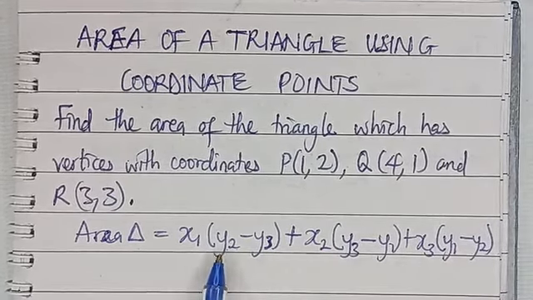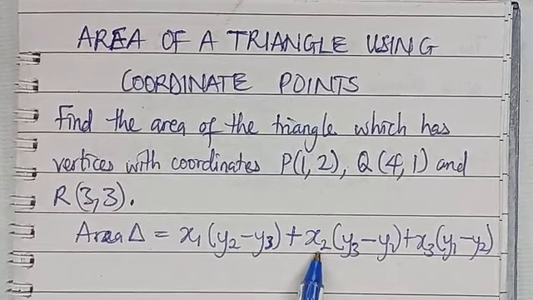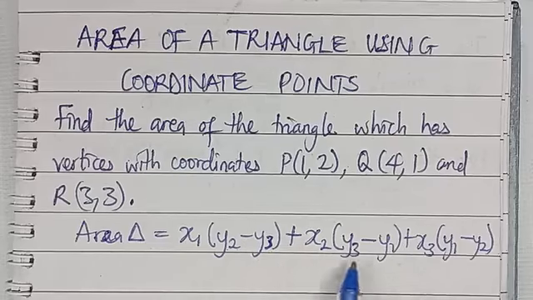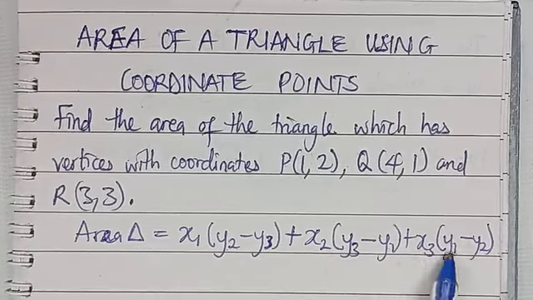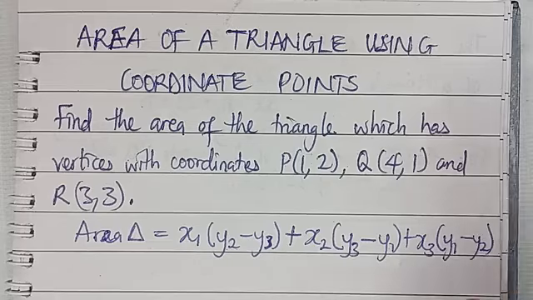So if you look at it, 1, 2, 3, then we start with 2, that means 3 and then get back to 1. We start with 3, we get to 1 and then 2. So this is the formula for the area of a triangle when you have the coordinate points of the vertices.